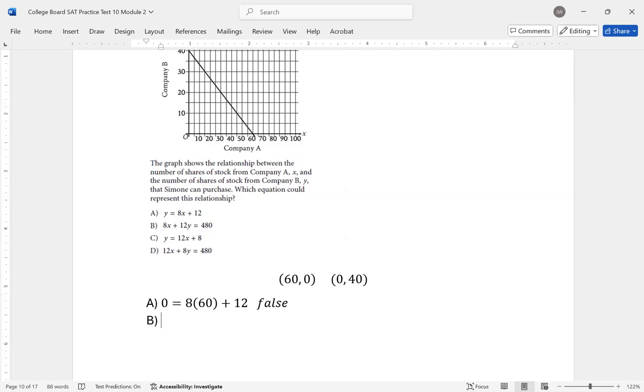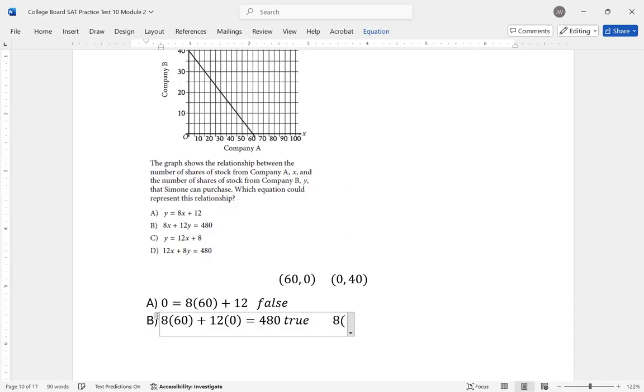If you look at option B, well, when you take 8 times 60 plus 12 times 0, do you get 480? Yes, that's true when you do the multiplication.